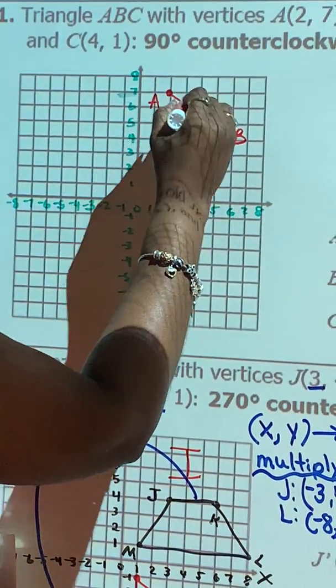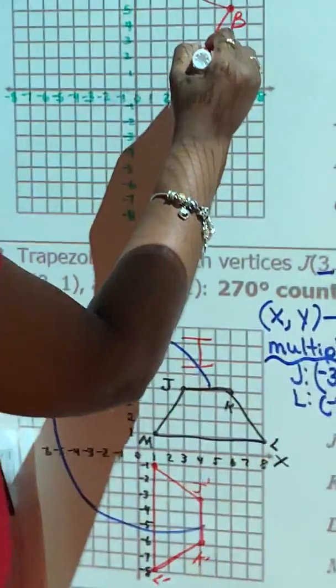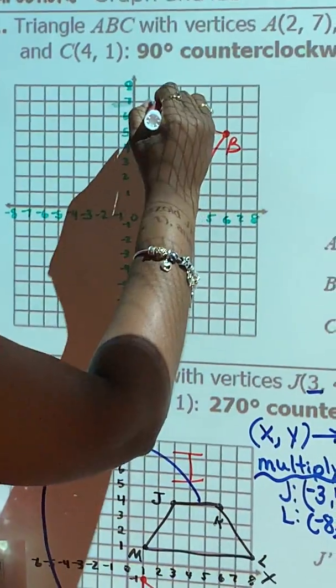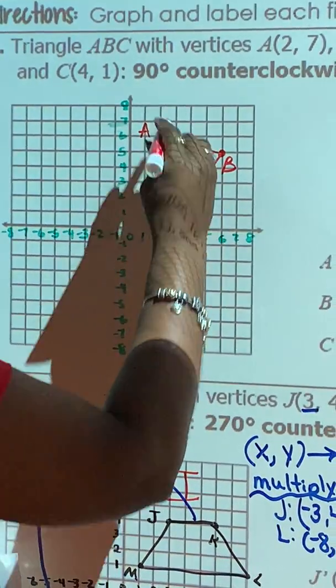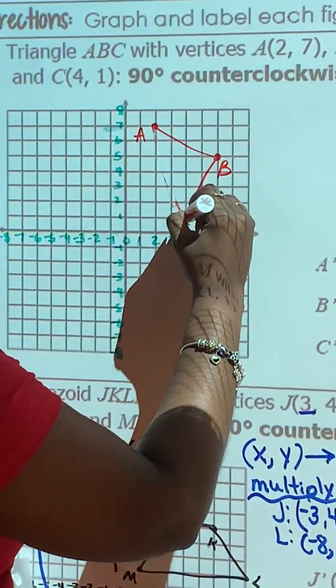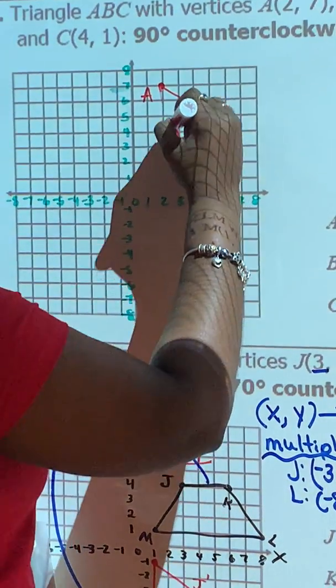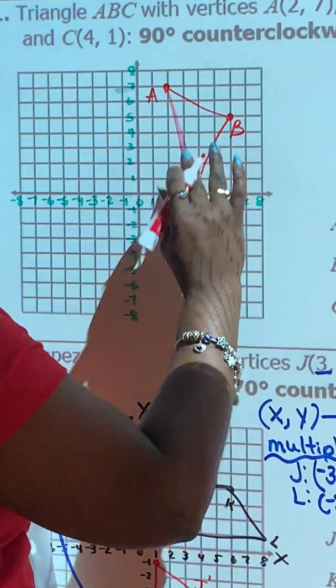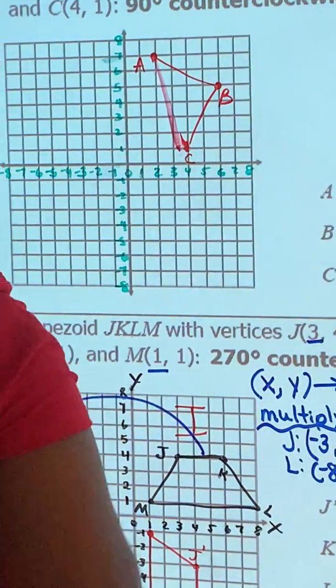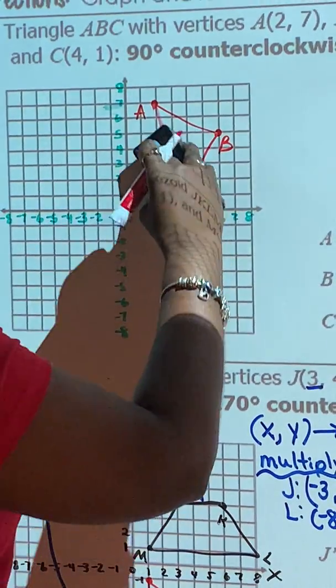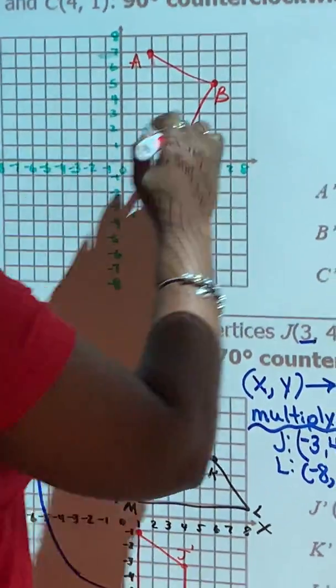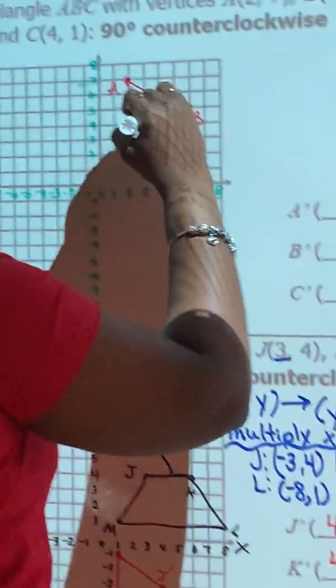I connect A, B, C, and I have my triangle. Now you can use a straight edge if you don't have a ruler. Use something that you can line up to make your line segment a little straight.